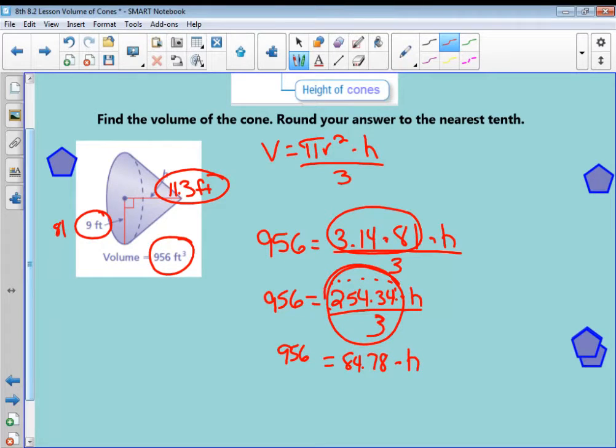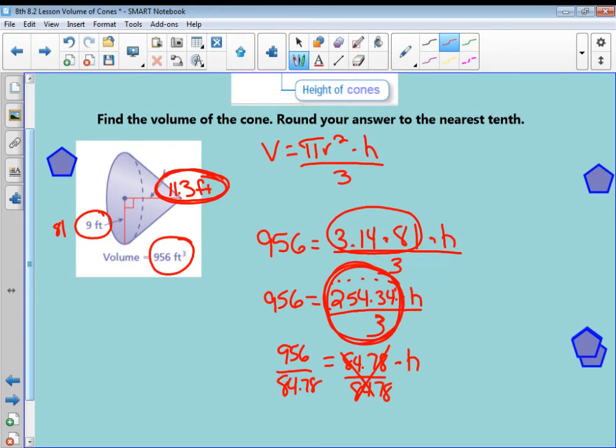Then I would divide by 84.78. It should give me the same answer, because I just tested it in the previous one. So 956 divided by 84.78 gives me 11.27, which was the same as the previous one, which is 11.3 feet. So you have to decide if you just want to divide what's known on this side by 3, or if you want to multiply both sides by 3 to get rid of that division by 3. It is up to you.